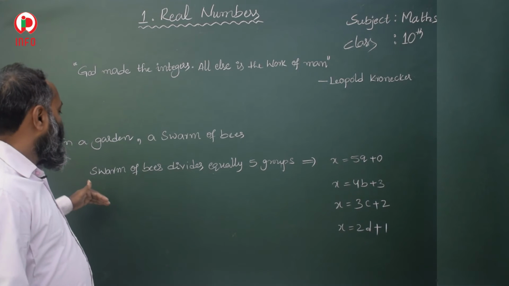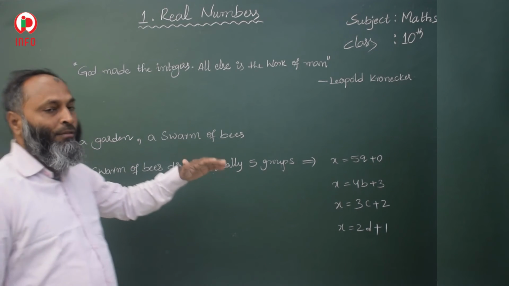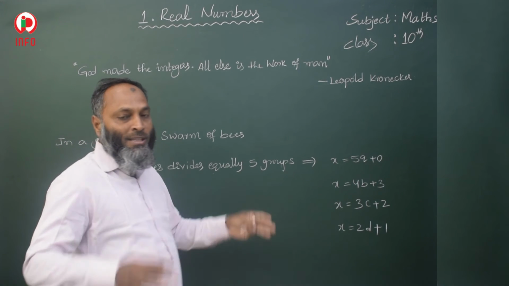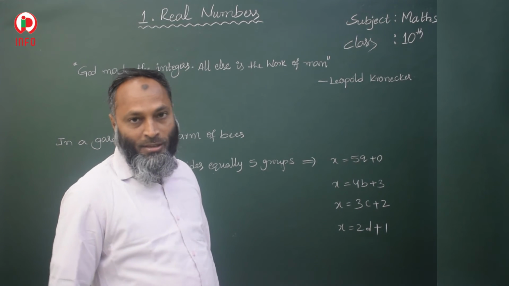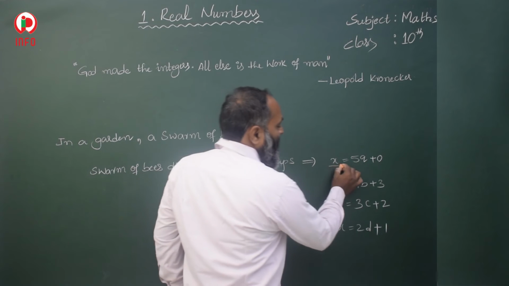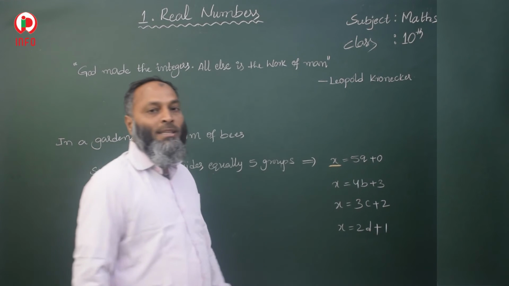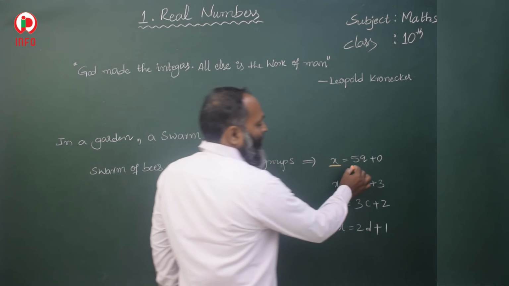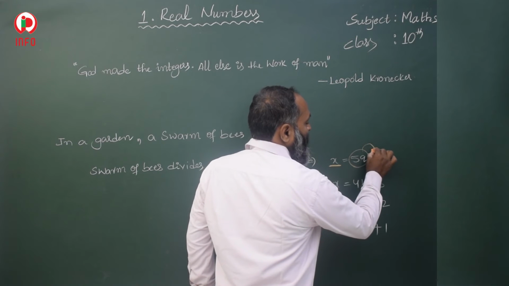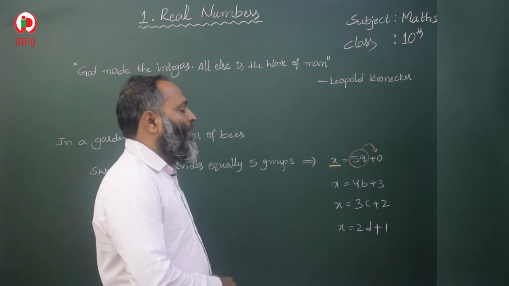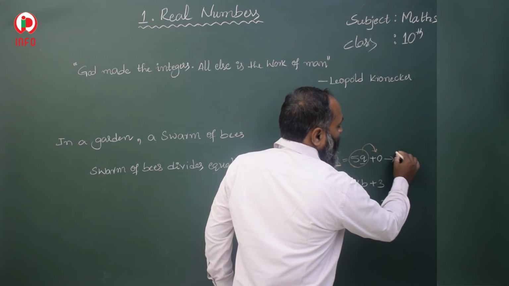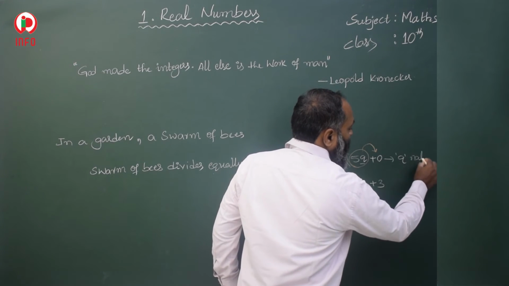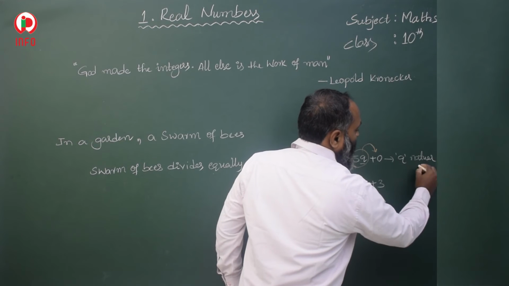In that puzzle, the swarm of bees is divided into 5 groups. So total bees is equal to 5q plus 0, where q is a natural number. Q is a natural number. Okay.